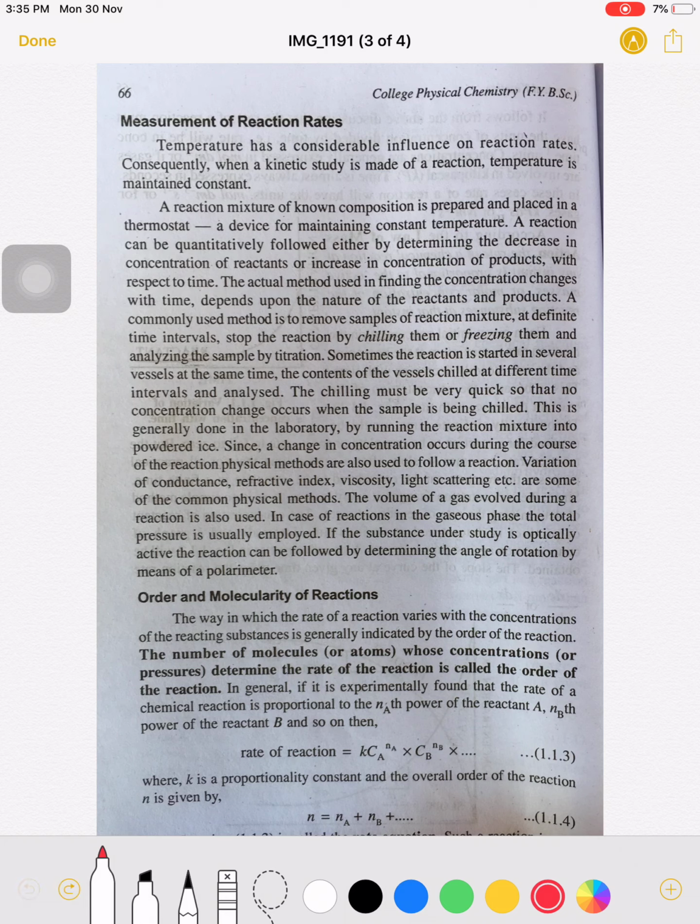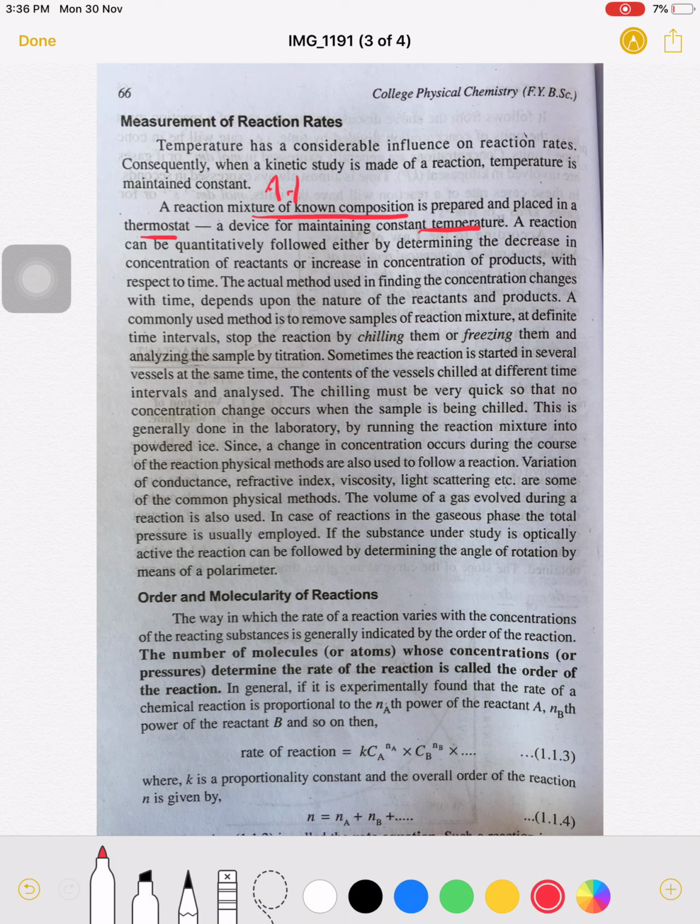A reaction mixture of known composition is prepared and placed in a thermostat, a device for maintaining constant temperature. It maintains the temperature constant. So we are taking a mixture of reactants.